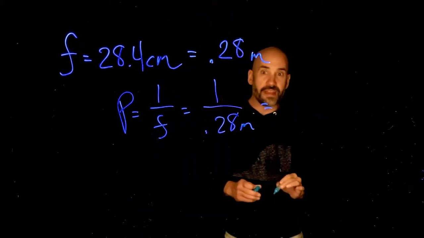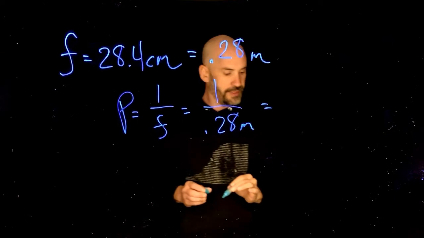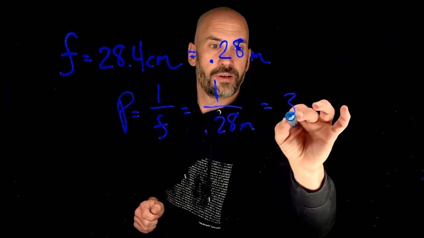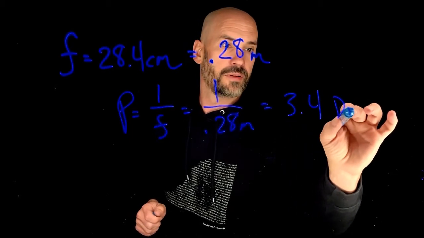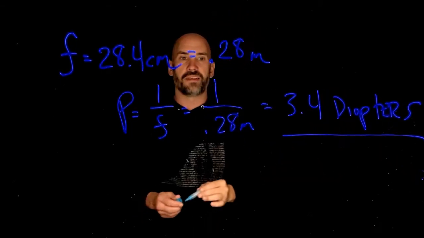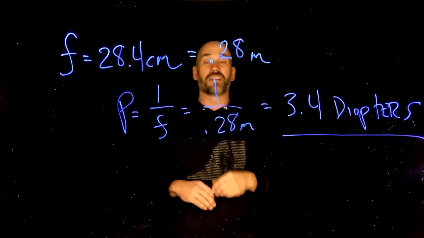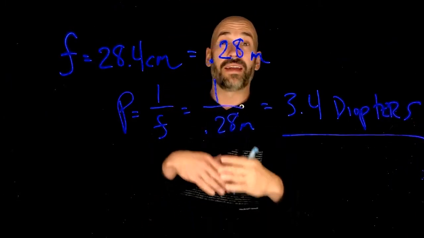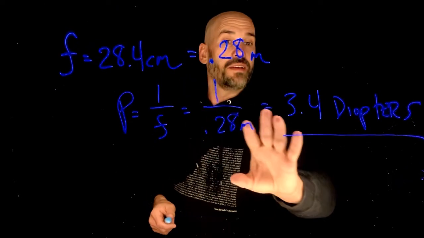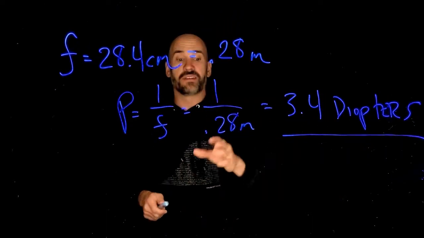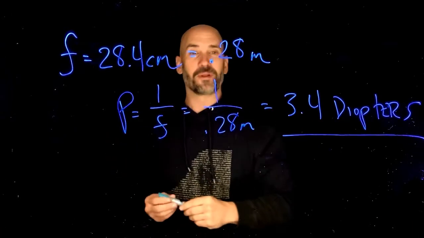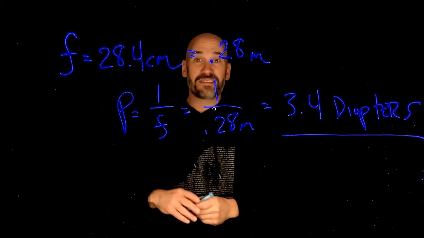And the value that I get when I do that is 3.4 diopters. Okay, so that is the corrective lens. That is a prescription that somebody would need who had that kind of hyperopia. And notice this is positive in this case, which implies this is hyperopic and not myopic. Okay. All right. This is it in a nutshell.